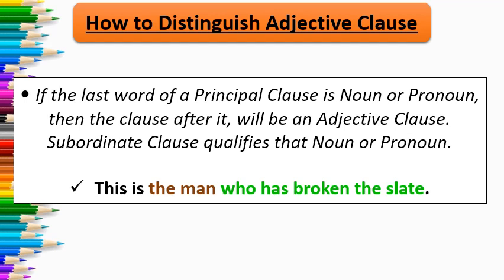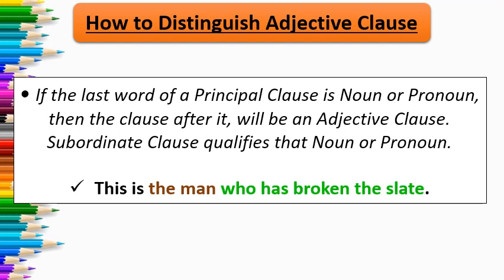So according to the rule, if the last word of a principal clause is a noun or a pronoun, here the man is the last word of the principal clause and it is a noun. So the clause coming after it, who has broken the slate, will be an adjective clause because it qualifies that particular noun or pronoun.